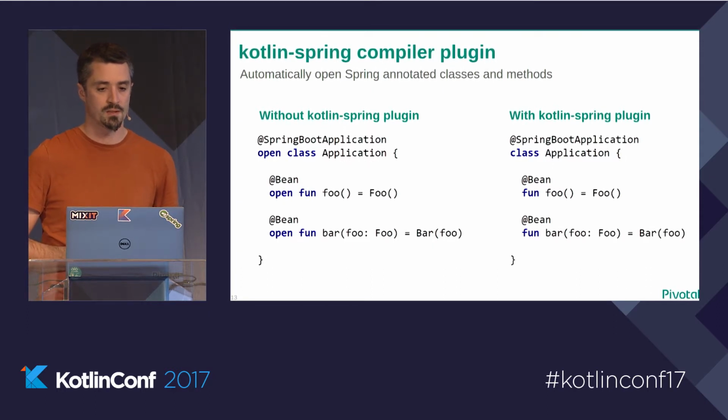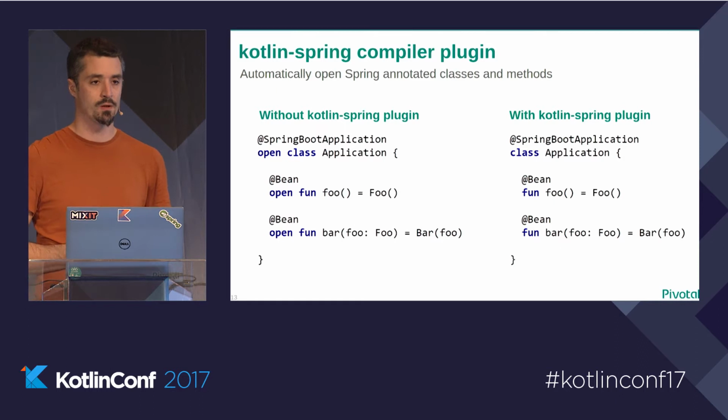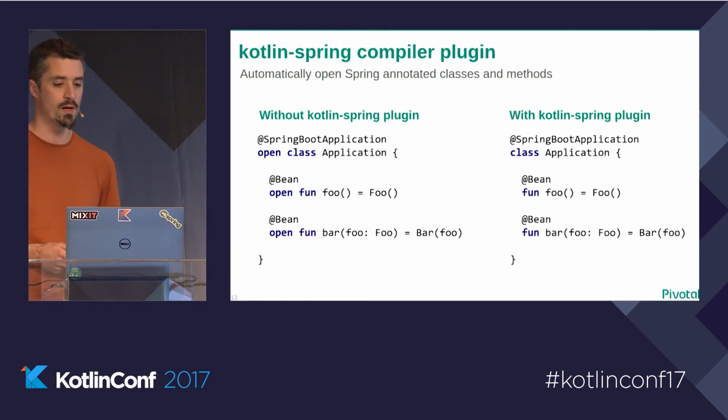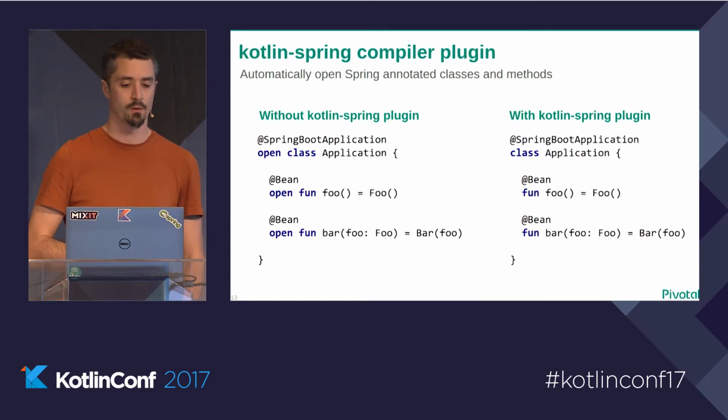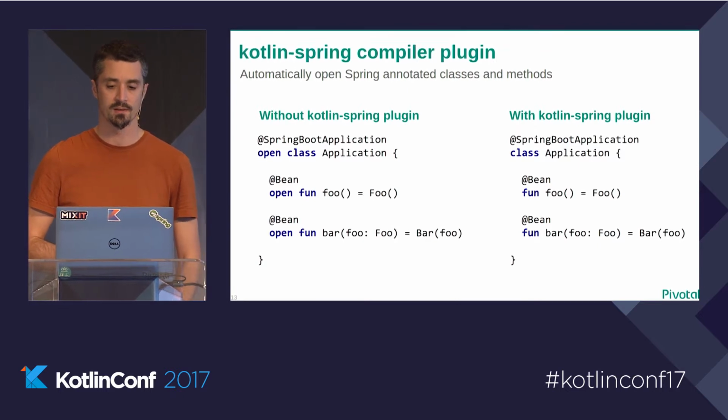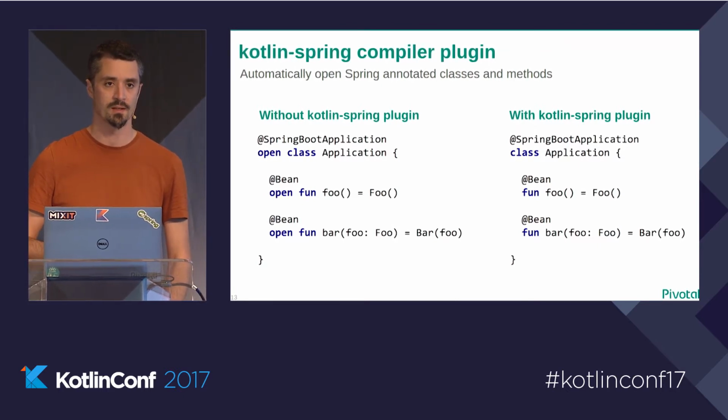When we first started to build Spring applications with Kotlin, there were a few pain points. One of them was that we were forced to use the open keyword at class and method level, because in some places, Spring needs to extend the classes and methods dynamically at runtime. That's, for example, the case for @Configuration classes and for transactional support.